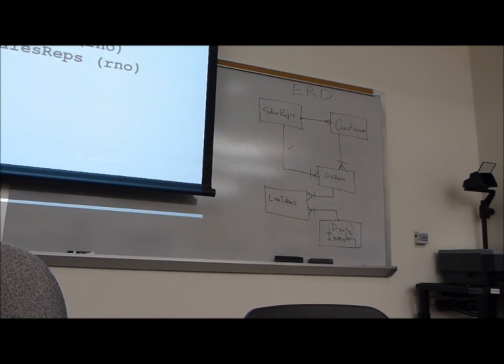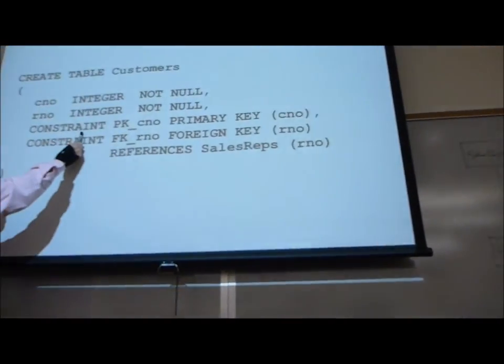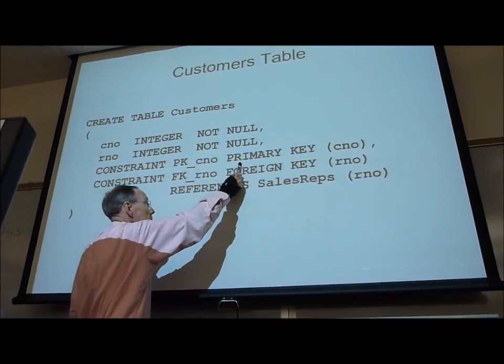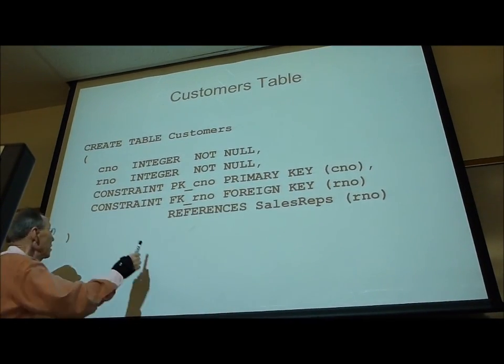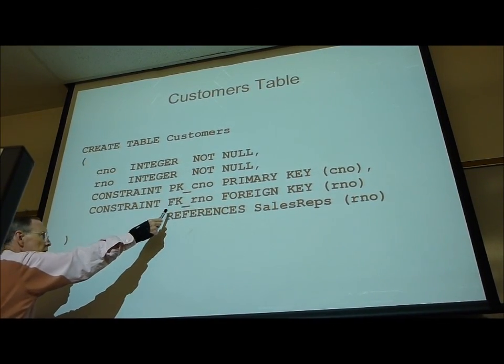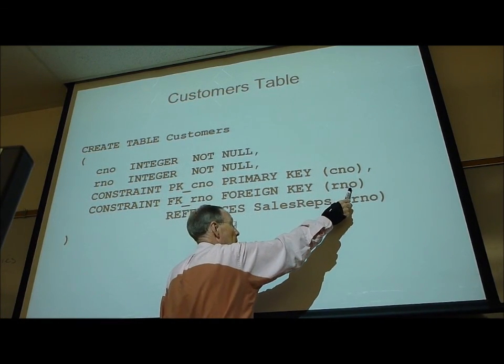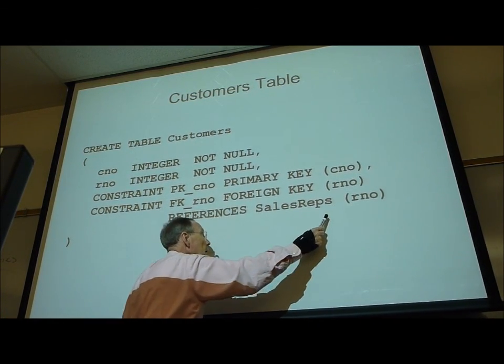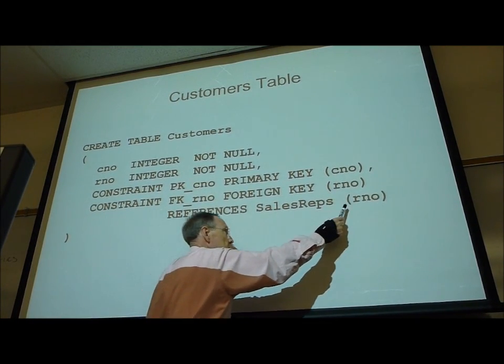Okay, so I got a customer number. This R number is going to be a foreign key. And you can see here's my primary key constraint, that's the customer number. And then here we got the foreign key constraint: rep number, and it references sales reps R number.